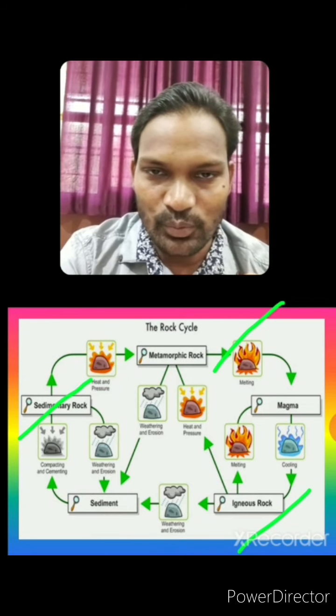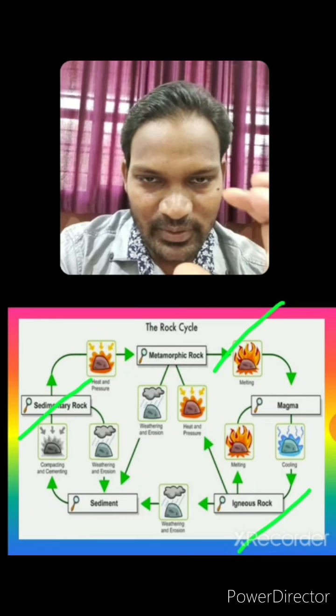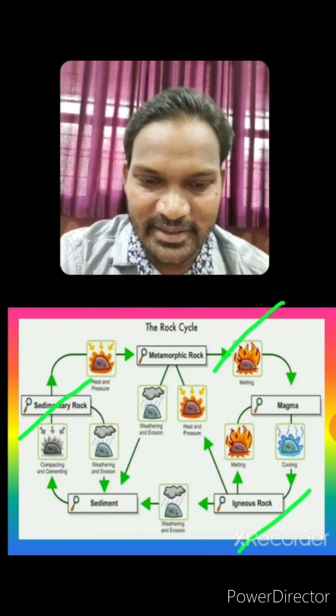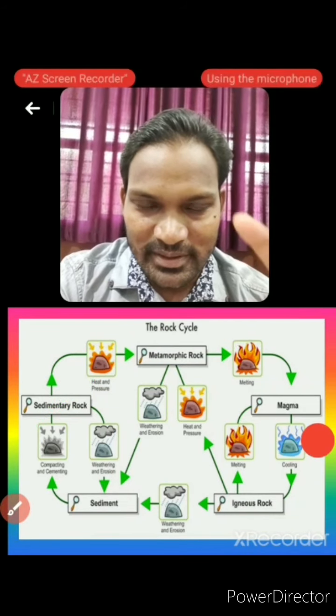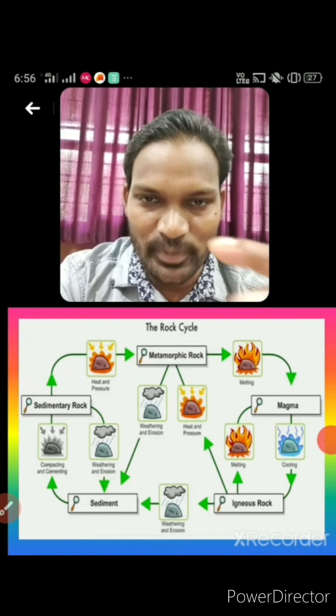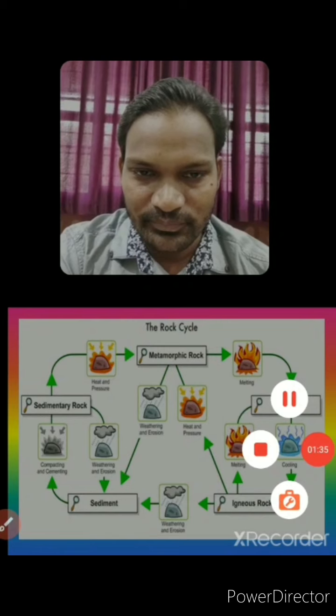So watch this video. I'm posting a video here, very well explained. You need to watch carefully, then you will get the whole point of how these three rocks are transformed into one another, into the next rock. So you watch this.